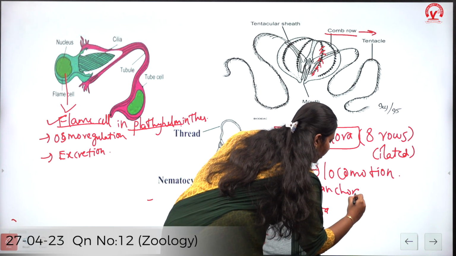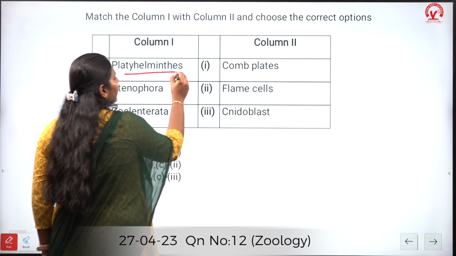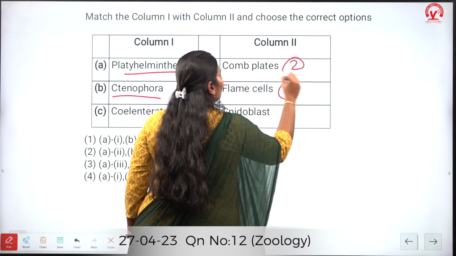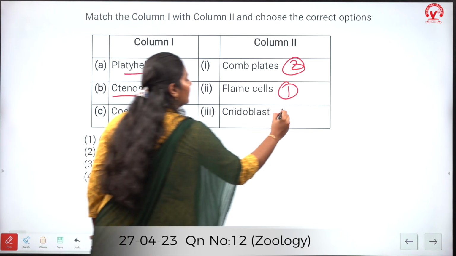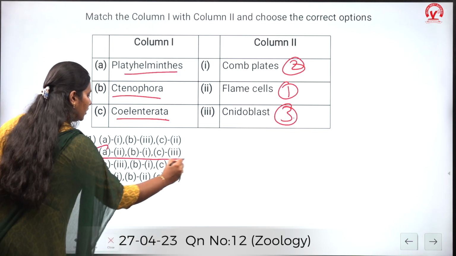So by this we conclude that Platyhelminthes possess flame cells, Ctenophora have comb plates and Coelenterata have cnidoblasts. So the correct option is option 2.